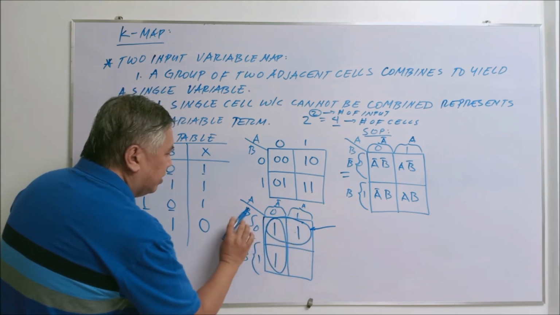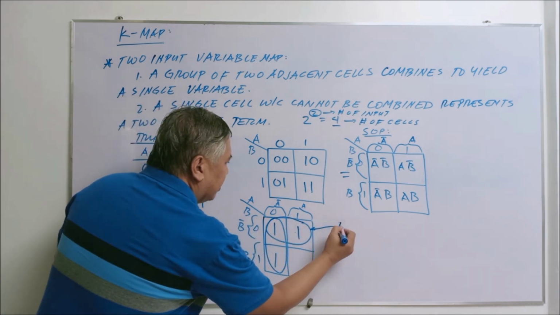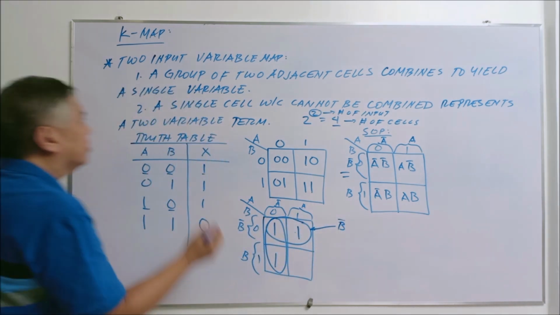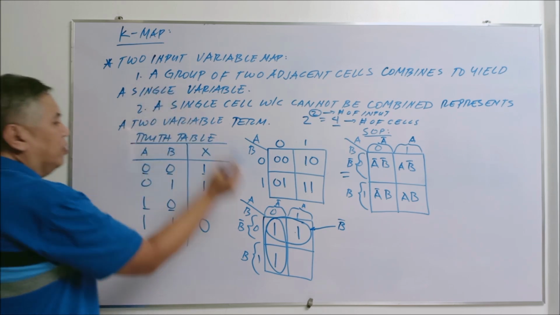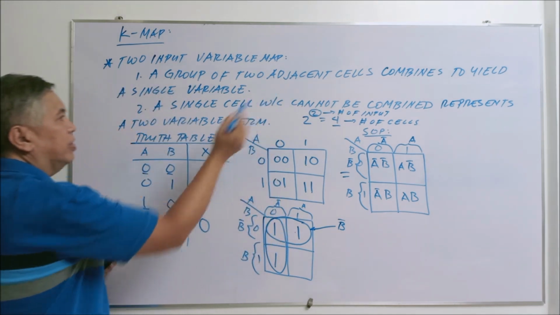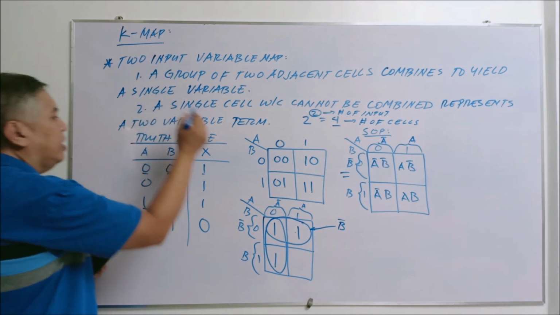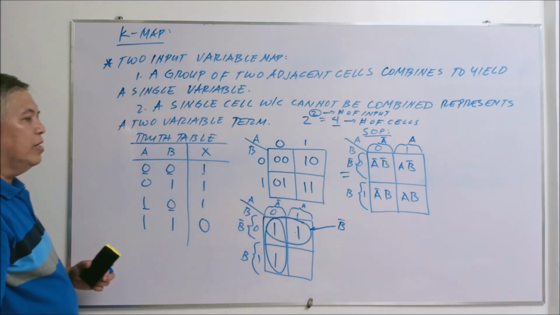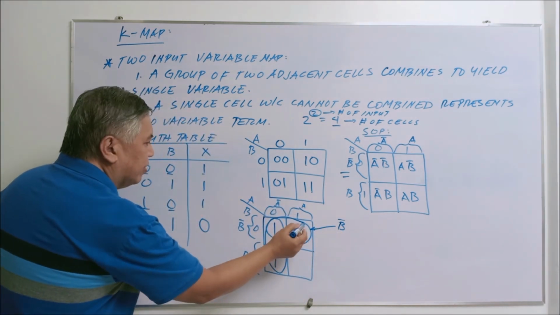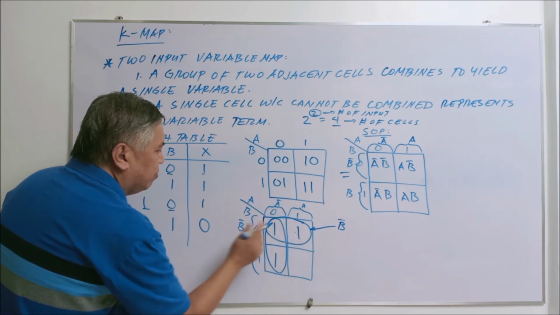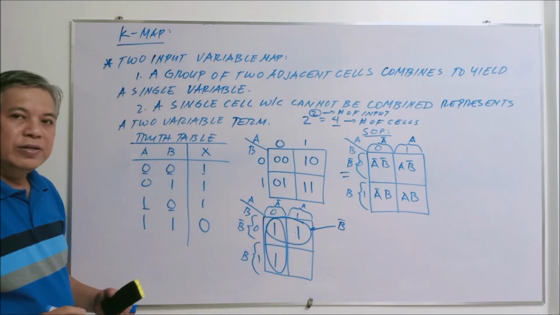This is under B bar. Okay? B bar. Why B bar? Because according to our rule here, a group of two adjacent cells combines to yield a single variable. And that variable is B bar because these two adjacent cells belong to B bar.